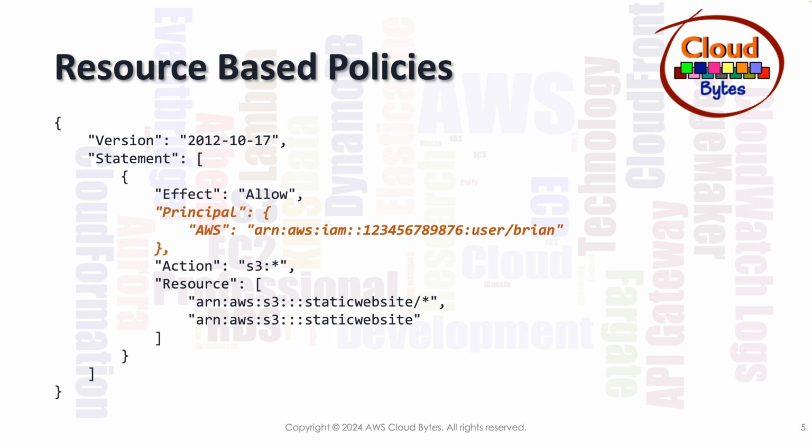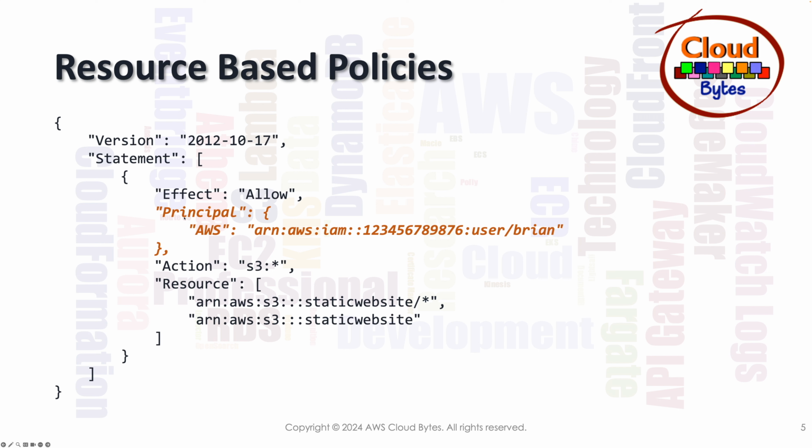That can be achieved more easily by having a resource-based policy where the principal can be a user, in this case, Brian. You can do it the other way, saying I want users to have certain tags, such as being from the group of administrators. And if the tag is present, I will allow them to upload a document.